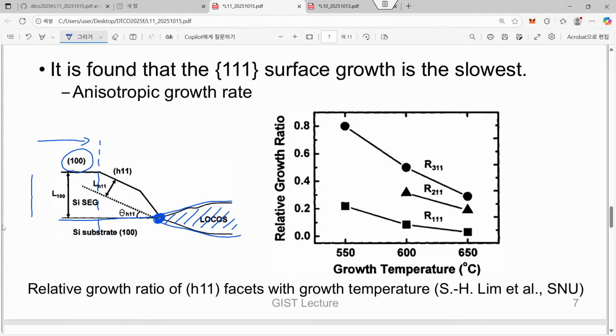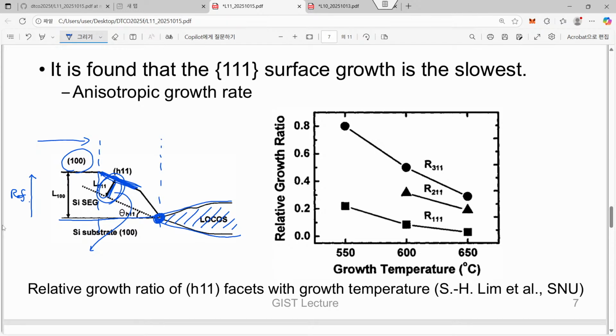Let's say that this is the reference one, and this is what we wanted to have. However, nearby this boundary we have a different thickness. They measure the thickness from the TEM image and take this difference, and this is more or less corresponding to the growth rate because they are grown at the same time.